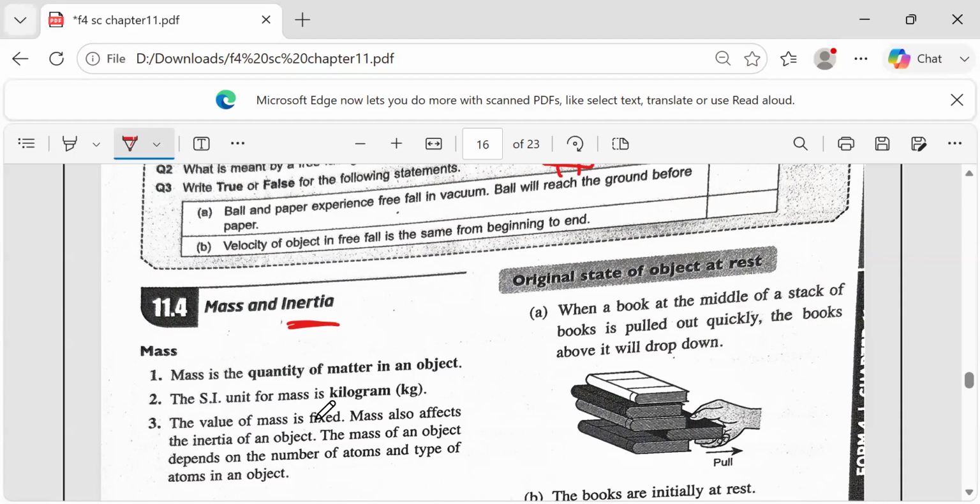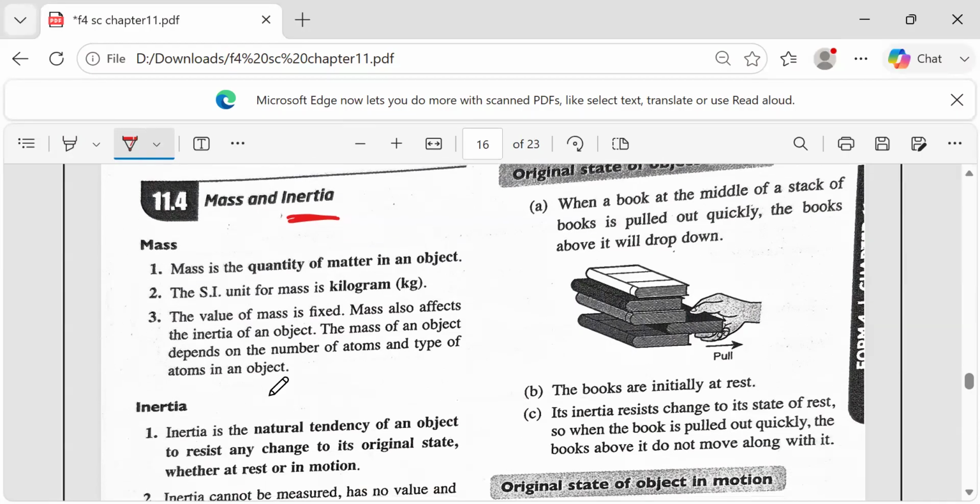If the thing is not moving, you need a lot of force to make it move. But if it is already moving, it's very hard to stop. Okay, that is the concept of inertia, right? So basically, if a body is at rest, it wants to stay at rest. If a body is in motion, already moving, it wants to keep moving.